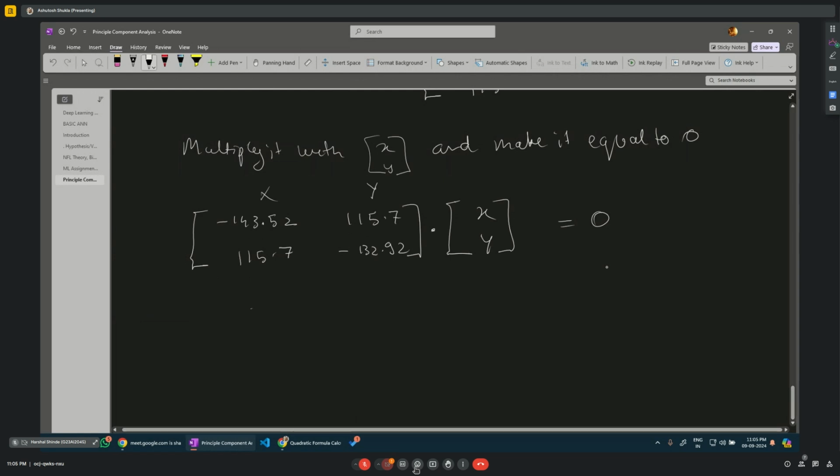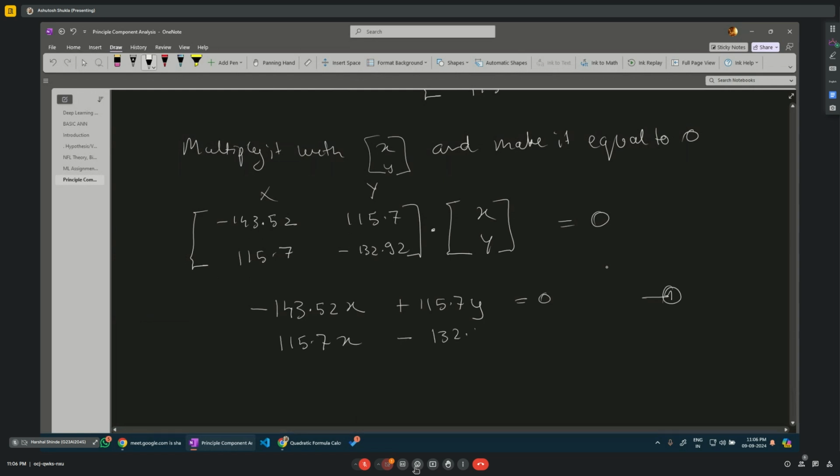So that is minus 143.52x plus 115.7y equals to 0. That is our first equation. And the second equation is going to be 115.7x minus 132.92y equals to 0.